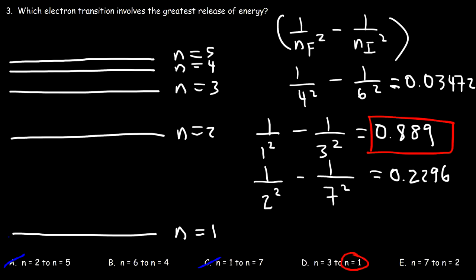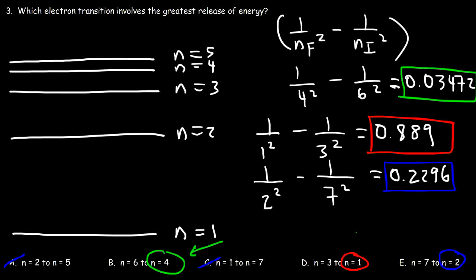The second highest was the one with the next lowest final energy level, which was n equals 2. The lowest was the one that had the highest final energy level, which was n equals 4. So a quick way to get the answer is to look at the final state. The one with the lowest final state is the one that's going to release the most energy.